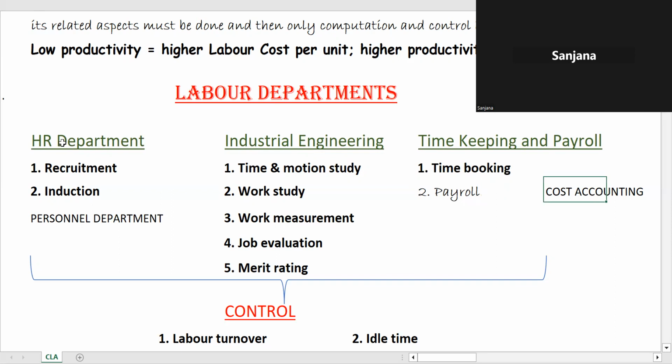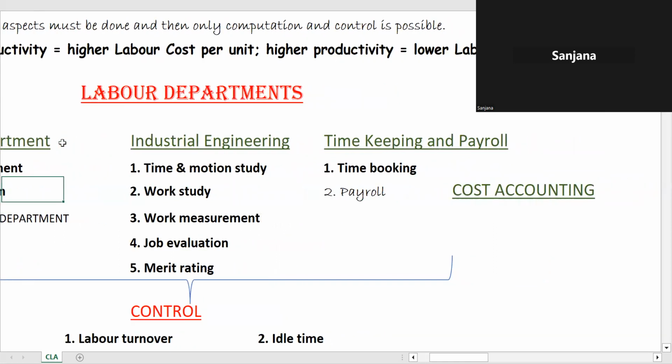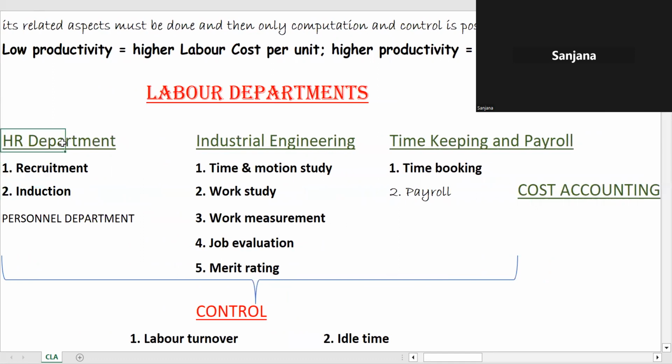These are the main departments, and add one more to it, which is our cost accounting department. So HR, industrial engineering, timekeeping, payroll, and cost accounting are the five main departments which deal with labor.